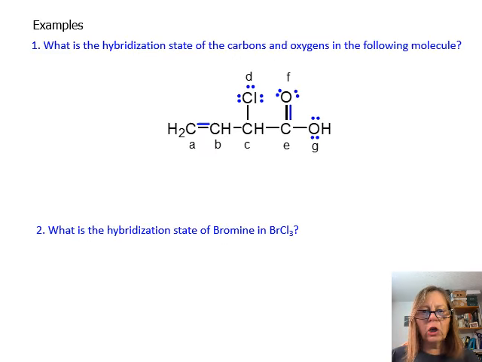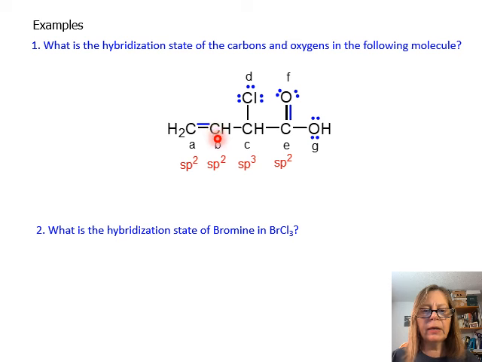Let's take a couple of examples. Let's look at this organic molecule. We can look at each carbon and define its hybridization. Carbon A has 2 single bonds and 1 double bond. Therefore, it is sp2 hybridized.